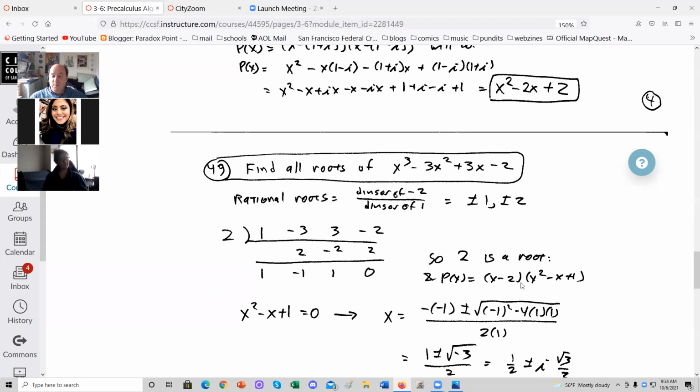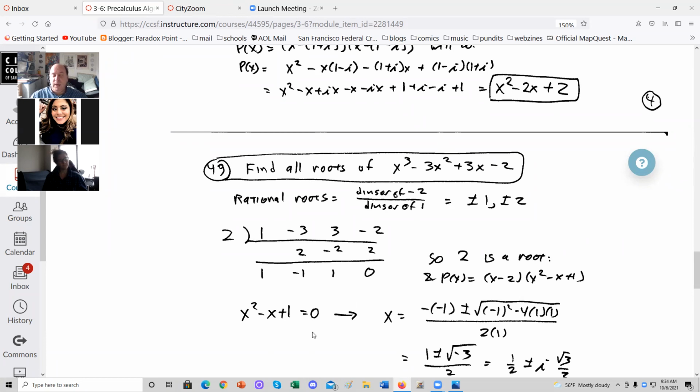And we pull out a factor of x minus 2 times, reading off the quotient from here, x squared minus x plus 1. So P of x is x minus 2 times x squared minus x plus 1. All right, so 2 is a root, and any other root has to solve x squared minus x plus 1 equals 0.